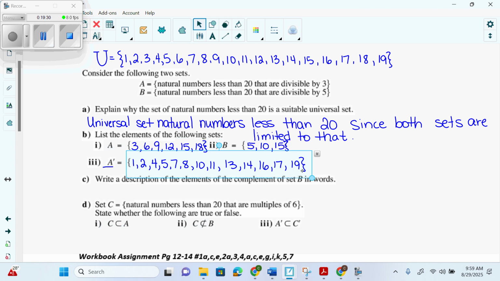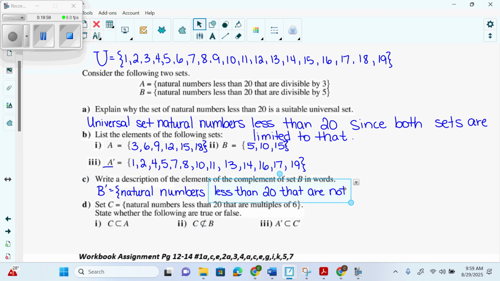So the complement, if B is the natural numbers less than 20 that are divisible by 5, would be the natural numbers less than 20 that are not divisible by 5.